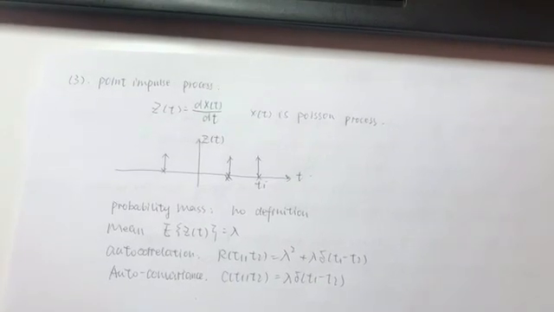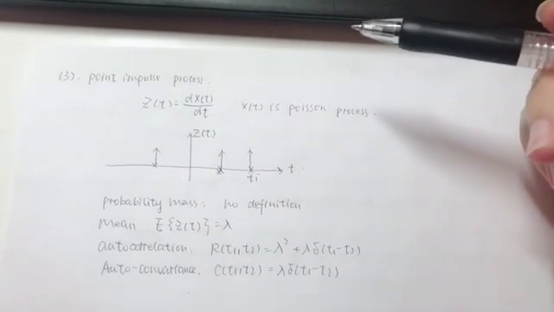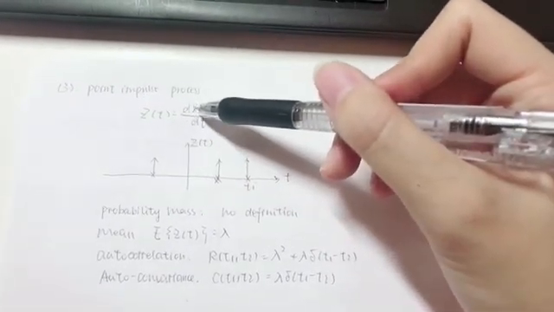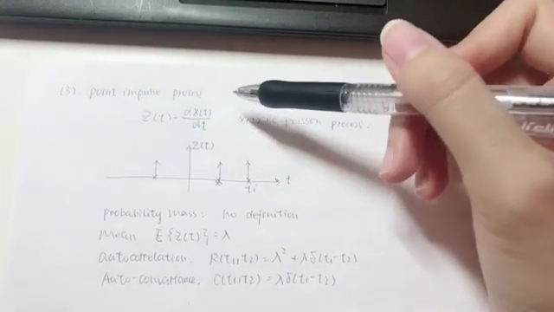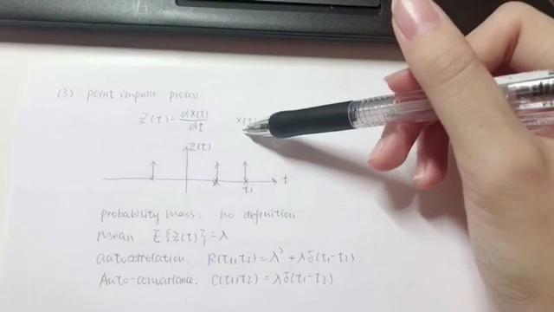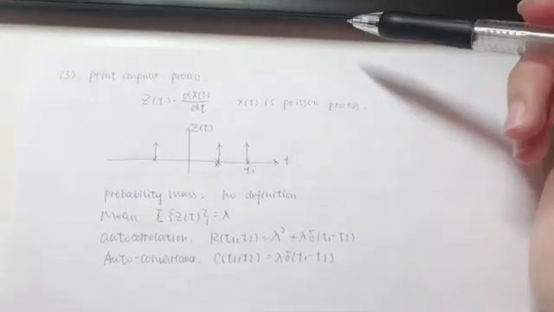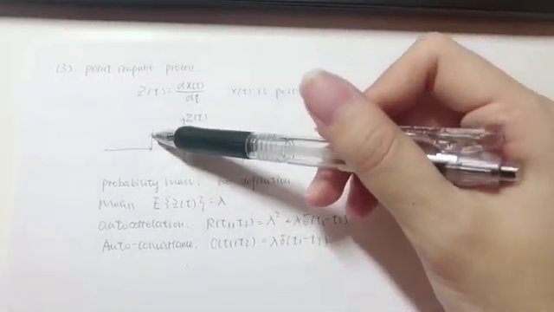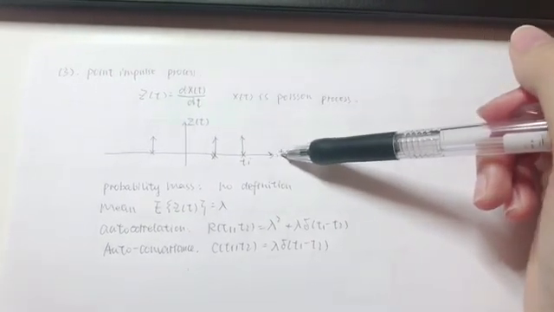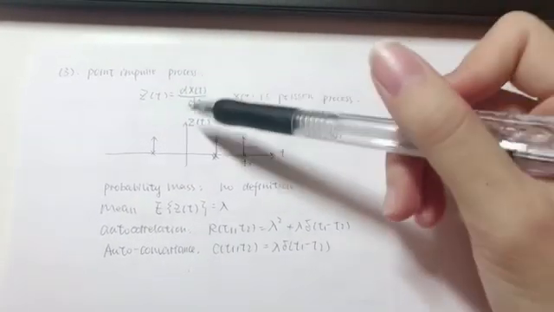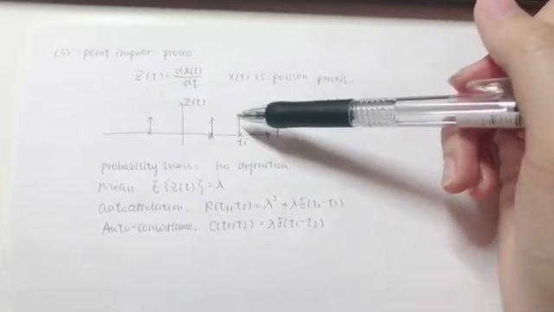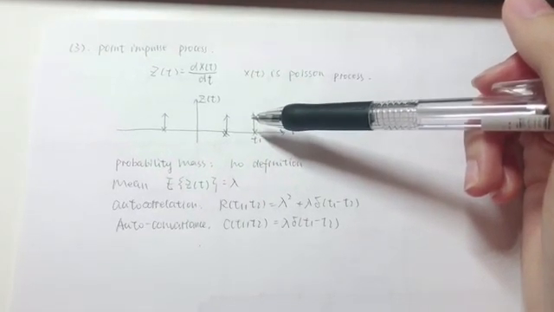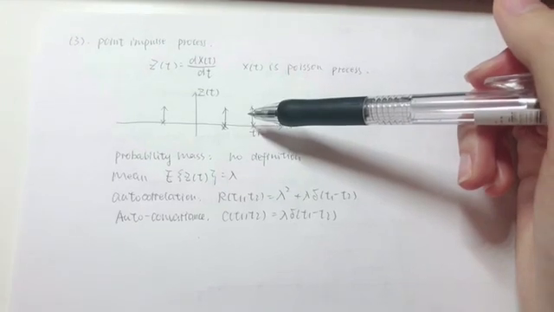The third one we need to figure out is definitely the point impulse process. The definition of the point impulse Poisson process is z of t equals the differentiation of x of t, where x of t is a Poisson process, and the figure of this process is like this: several impulses, where the x-axis is t and the y-axis is z of t. Now let's have a look at the properties of the point impulse Poisson process.